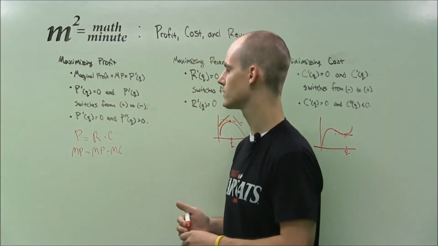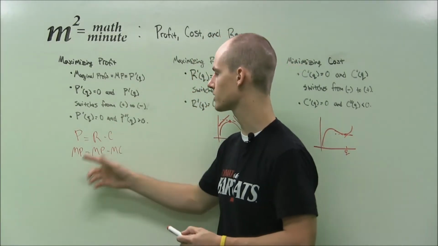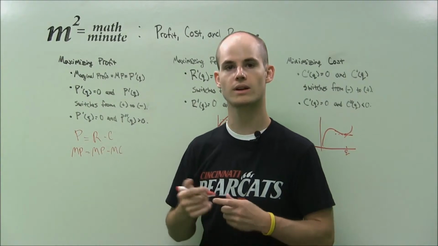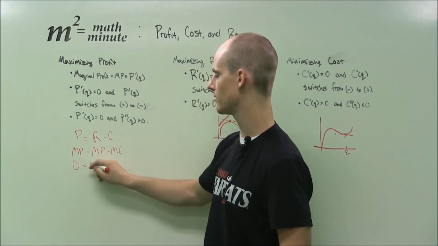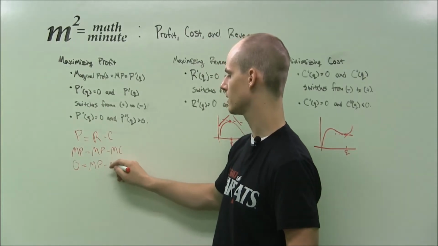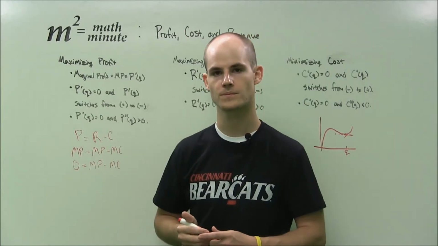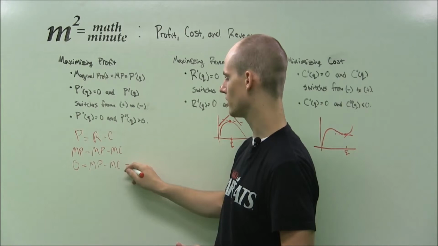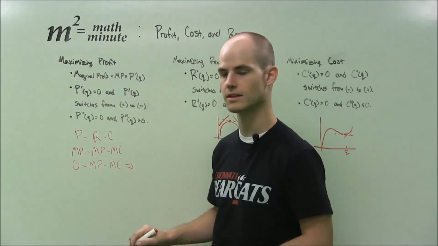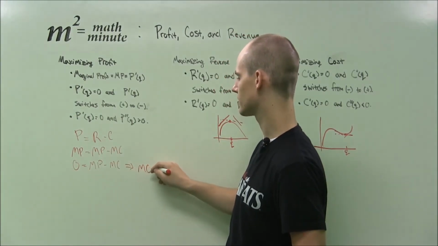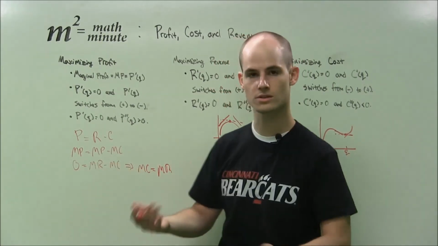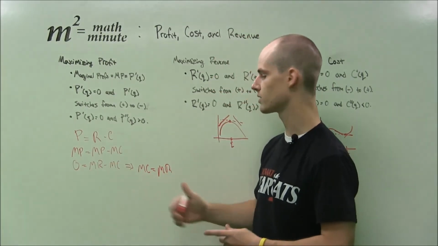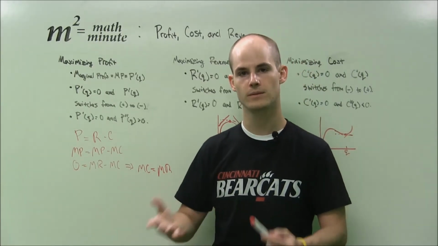Now, I just mentioned that when marginal profit equals 0, we're going to maximize profit. So if this is 0, then marginal revenue minus marginal cost must equal 0. So we can just bring that marginal cost to the other side, and marginal cost equals marginal revenue. So as I said in the previous video, when marginal cost equals marginal revenue, we've maximized profit.